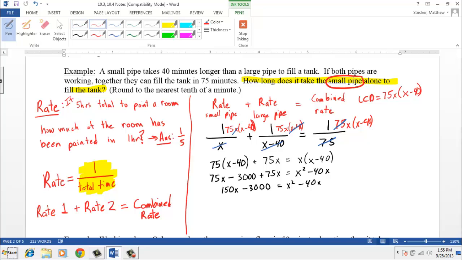So I want to subtract 150x and add 3,000, which gives us x squared minus 190x plus 3,000 is equal to 0.